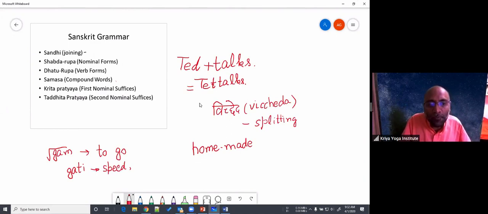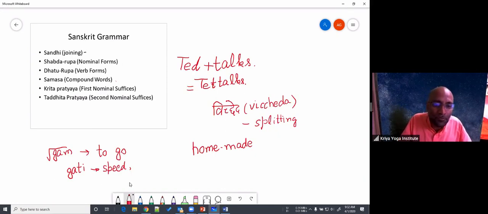So how do we arrive from gum to gati? There is a certain set of suffixes which are called krut pratyaya. Pratyaya is the word for suffix in Sanskrit. Krut is the category. That category of suffixes which give rise to words, nouns, they are called krut pratyaya.